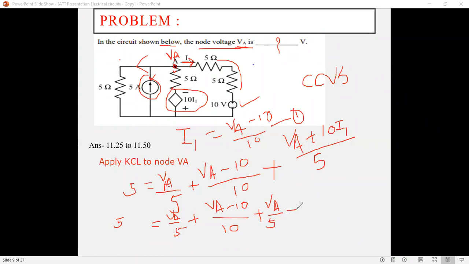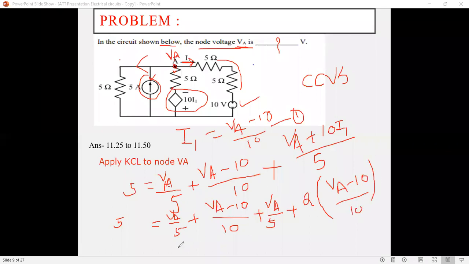I will separate this, plus VA divided by 5 plus 5 tenza, that is 2 into I1, just I will put here VA minus 10 divided by 10.